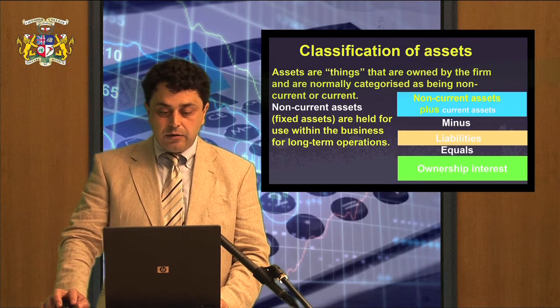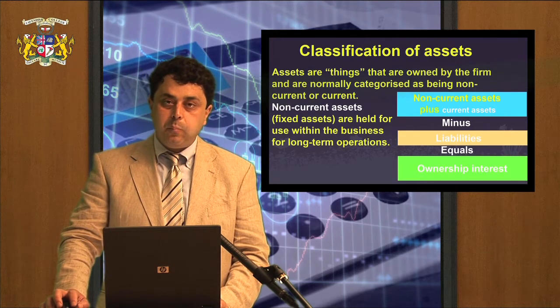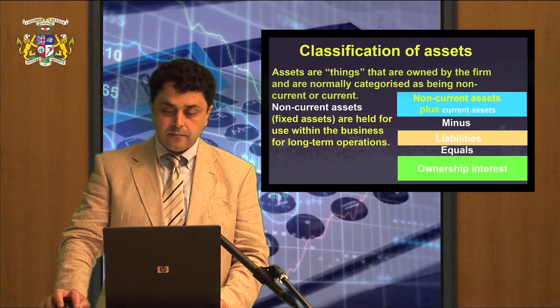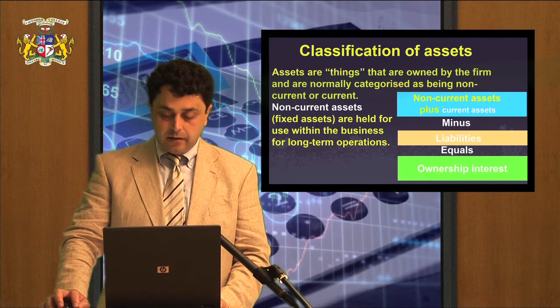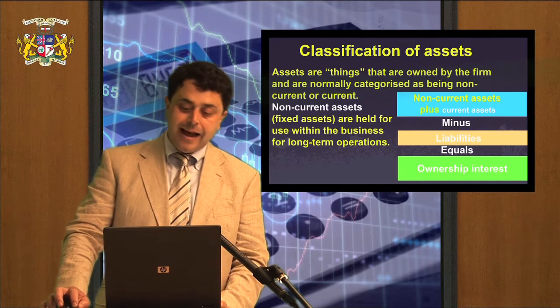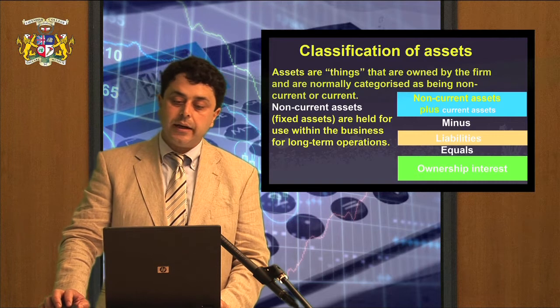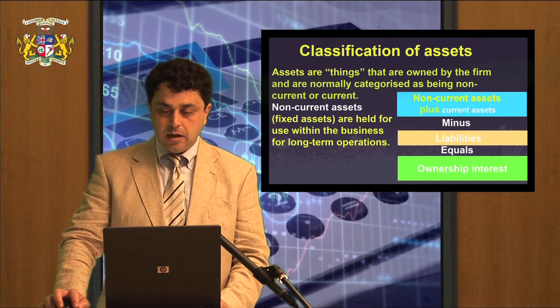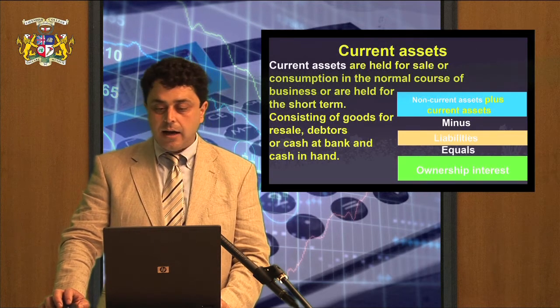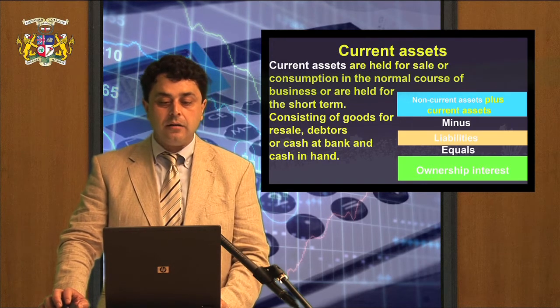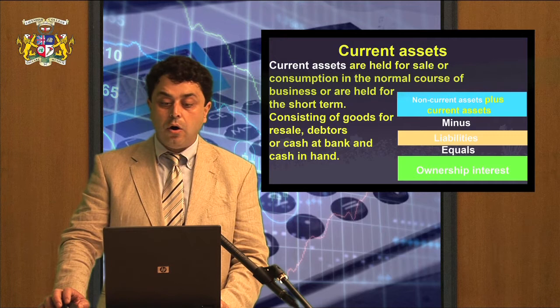So these include premises, motor vehicles, and equipment. Now, the next category is the category which includes the current assets. Current assets are assets which are held for sale or consumption in the normal course of business, or are held for the short term.